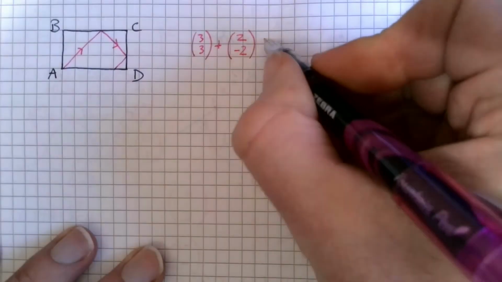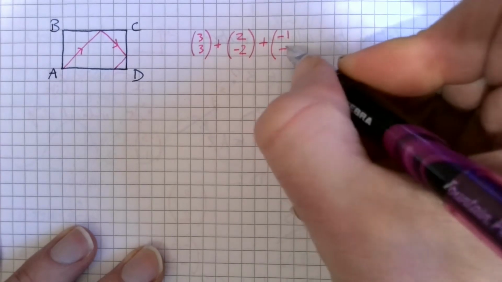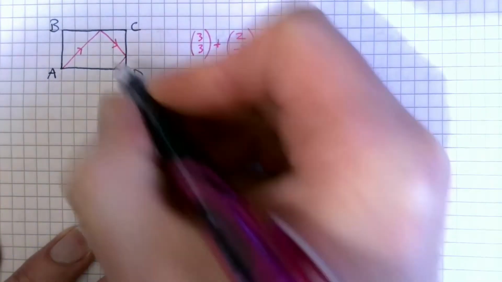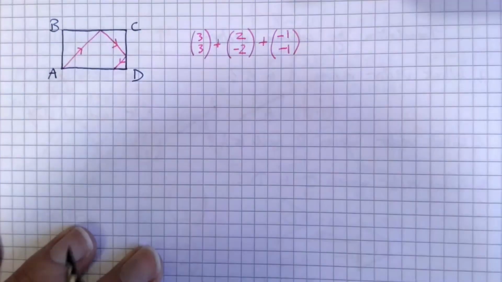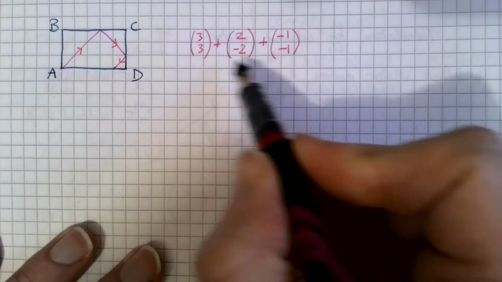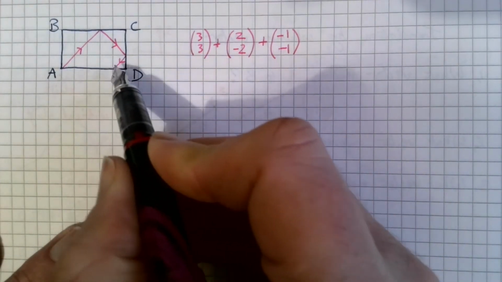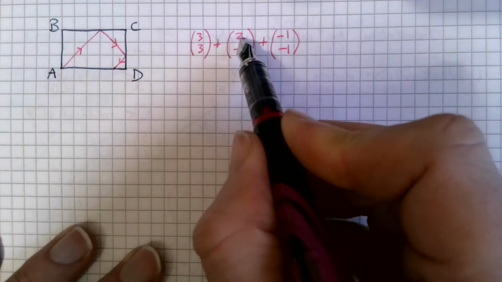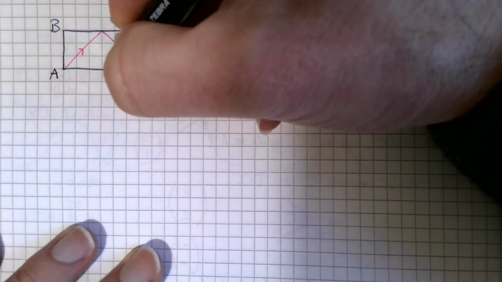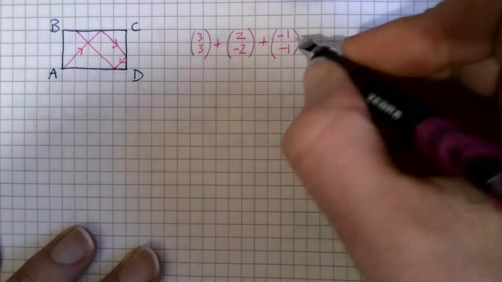The third part of the journey is going 1 left and another 1 down. So we've got back to the bottom. If you look at that, 3 take 2 is 1, take 1 is 0, so it's got back to there. But we are still 1, 2, 3, 4 across to the right. 3 plus 2 is 5, take 1 is 4. Now if I were to continue on with this, I would get up to there, wouldn't I?